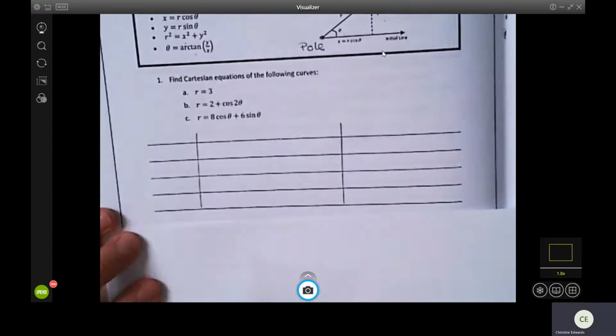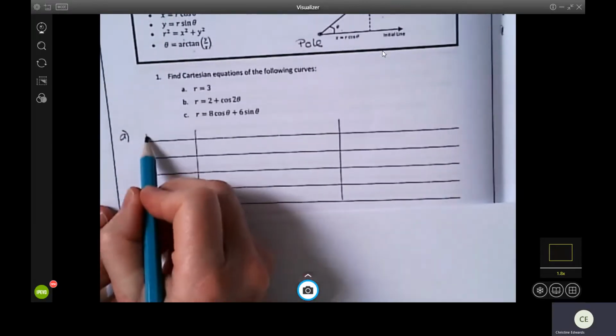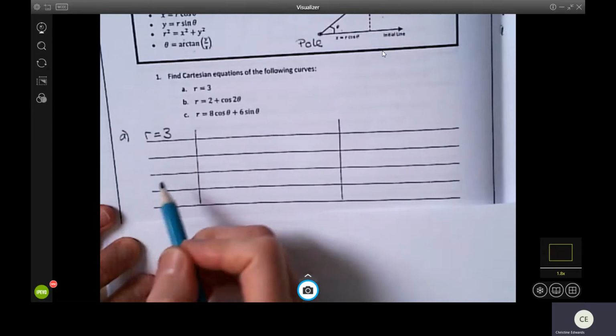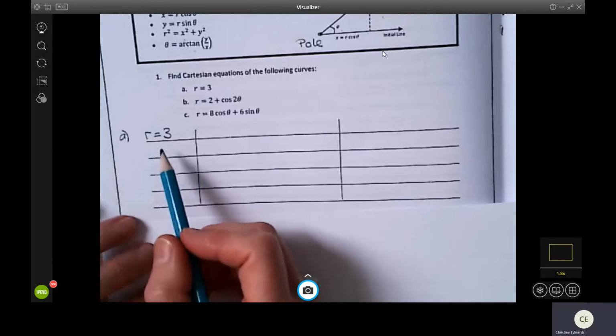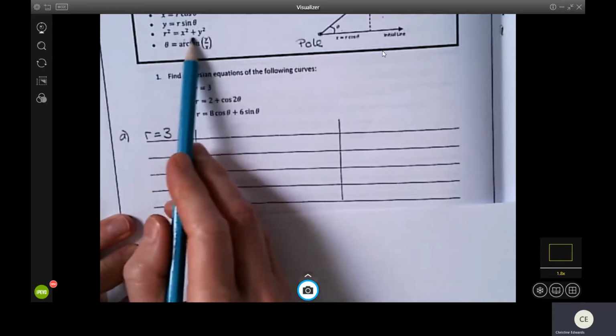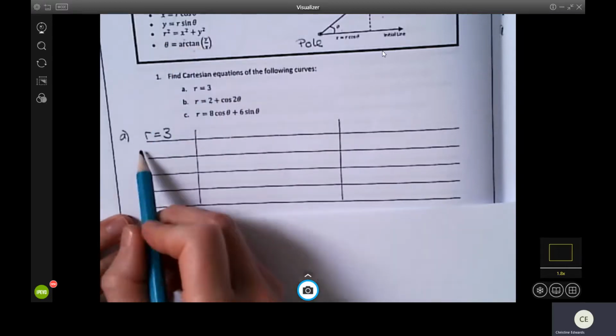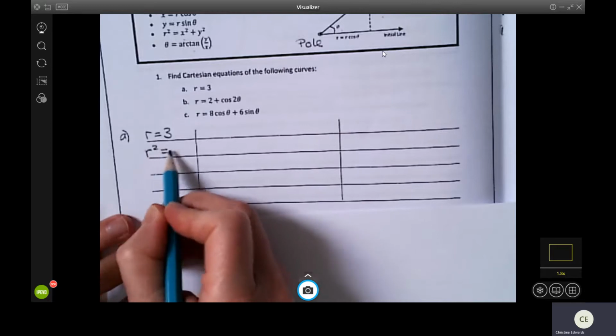So let's consider A. We have r equals 3. We'll come on and look at what that might be in more detail, but to convert, I want to be able to use this equation. So I'm going to square both sides of my equation. That's going to give me r squared equals 9.